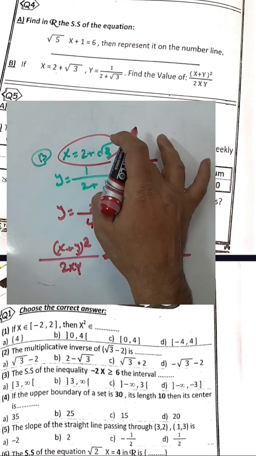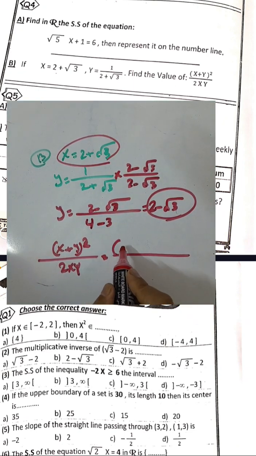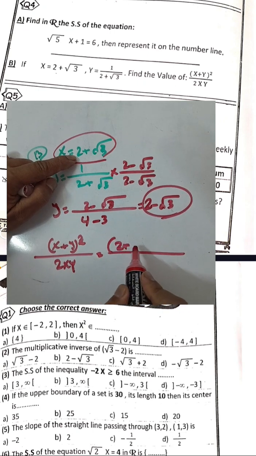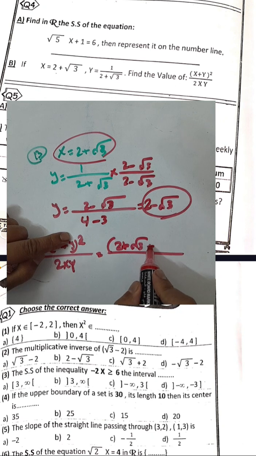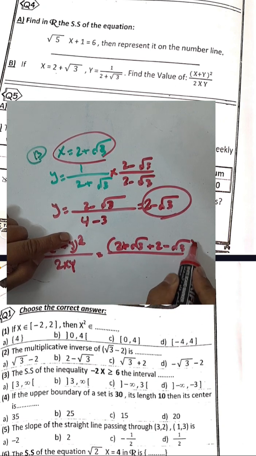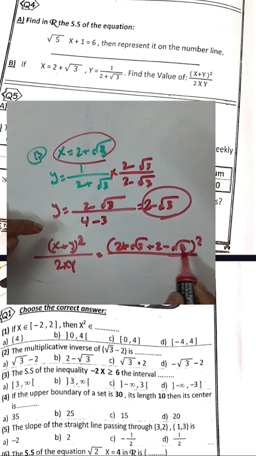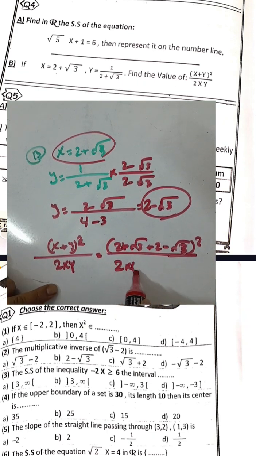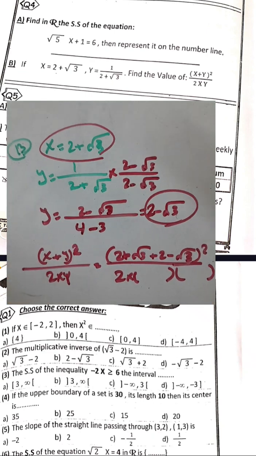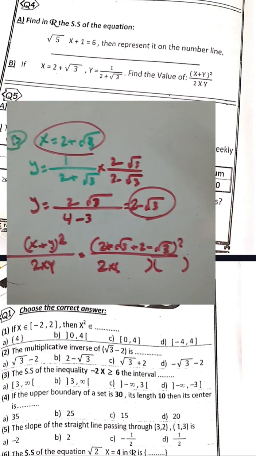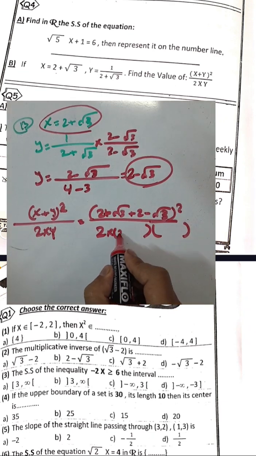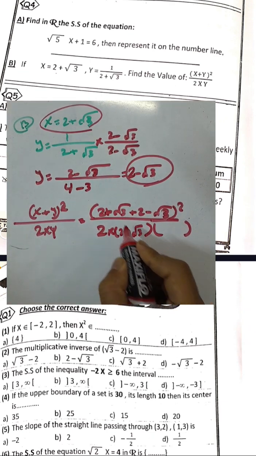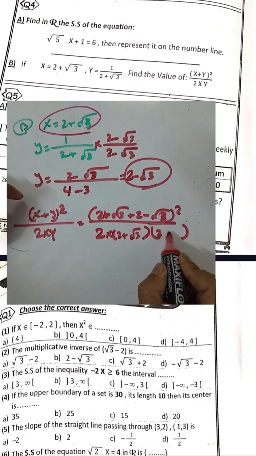X and y, each of them, put x equals 2 plus root 3 and y equals 2 minus root 3, all power 2 over 2 product the x and y. We know x and y, we call them conjugate. X and y here are conjugate. X equals 2 plus root 3 and y equals 2 minus root 3.